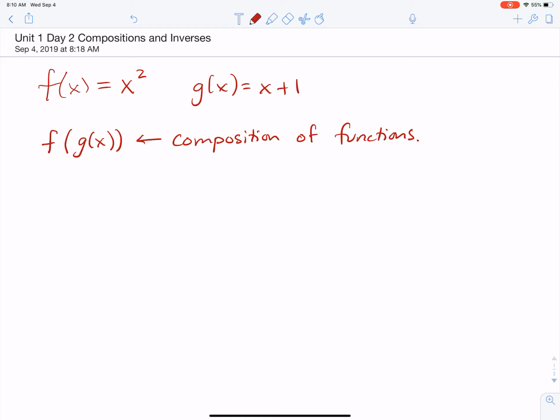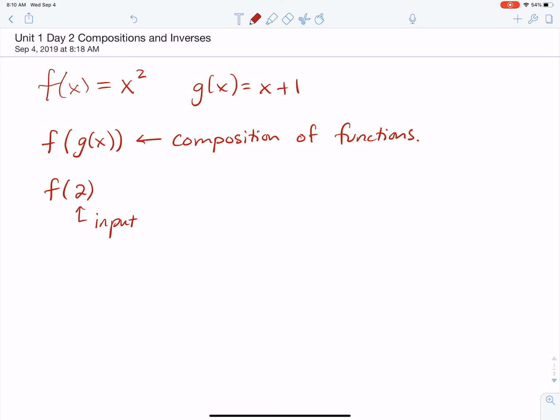So since that looks a little scary, we're going to take it back a step and think about what it looks like for normal function notation. So if I asked you to do f of, let's say, 2, remember that 2 is your input. So this is the input.